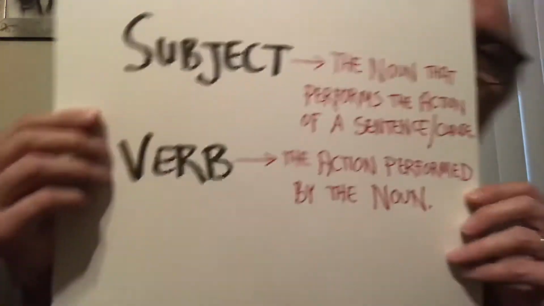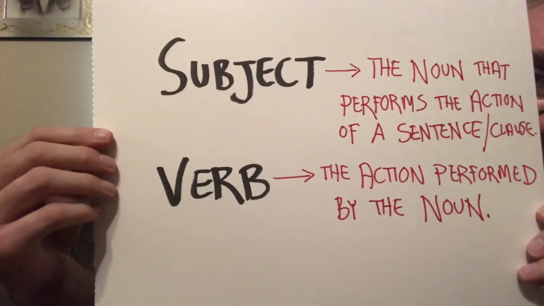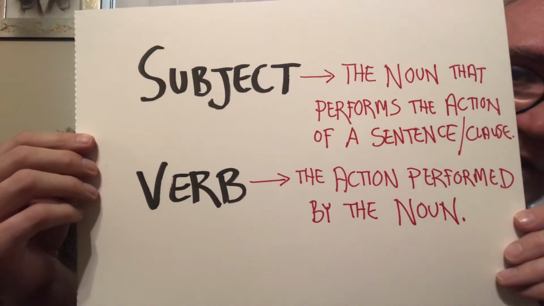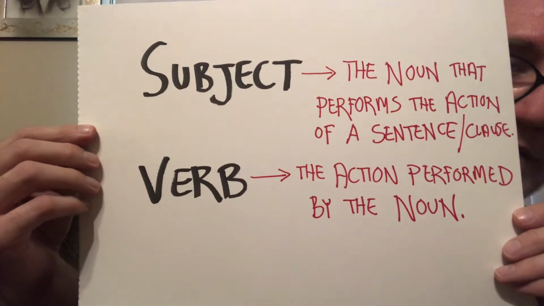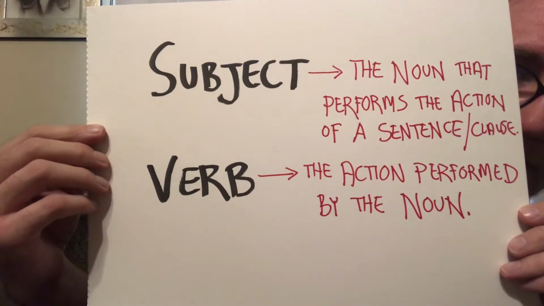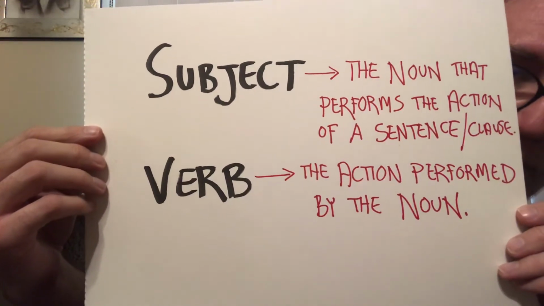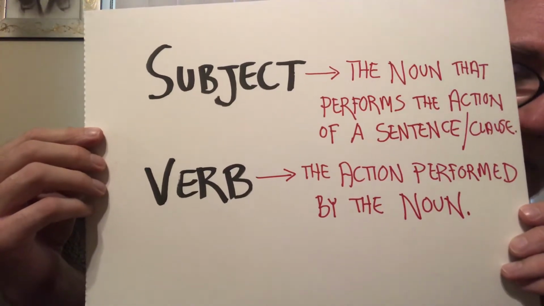Okay, so the first thing we need to do is get some basic terminology out of the way. First of all, we need to remember what a subject and a verb are. Remember that the subject is the noun that performs the action of a sentence or clause. We'll talk about what a clause is in a minute. This is just review.